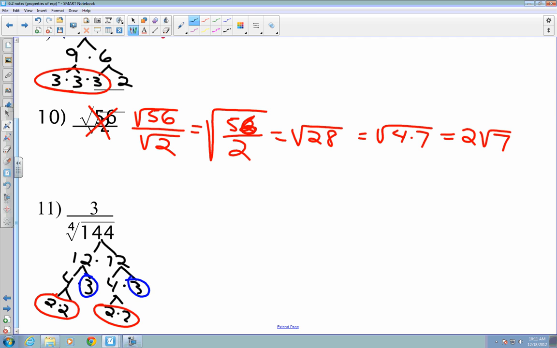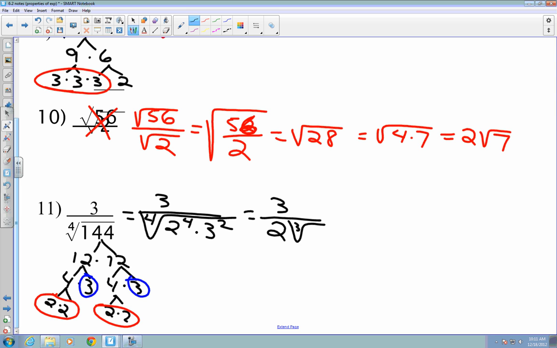So the first thing we're going to do is rewrite this in prime factored form. So I've got 3 over the 4th root of 2 to the 4th times 3 squared. Well, the 4th root of 2 to the 4th is 2. So I've got 3 over 2 times the 4th root of 3 squared. Now I'm going to do a little thing on the side here.